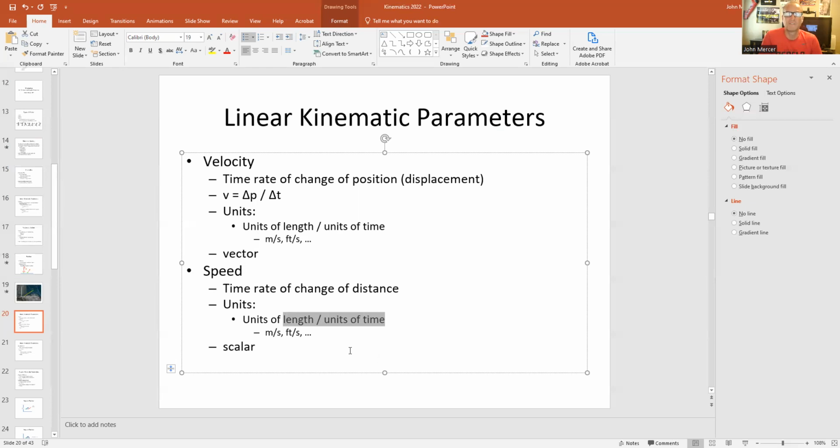Meters per second, feet per second, miles per hour, kilometers per minute. Speed is special in that it's a scalar. It's represented by magnitude only. If you're looking at your speedometer in the car, that's what your speed is. That's telling you how fast you're changing position from a distance perspective.